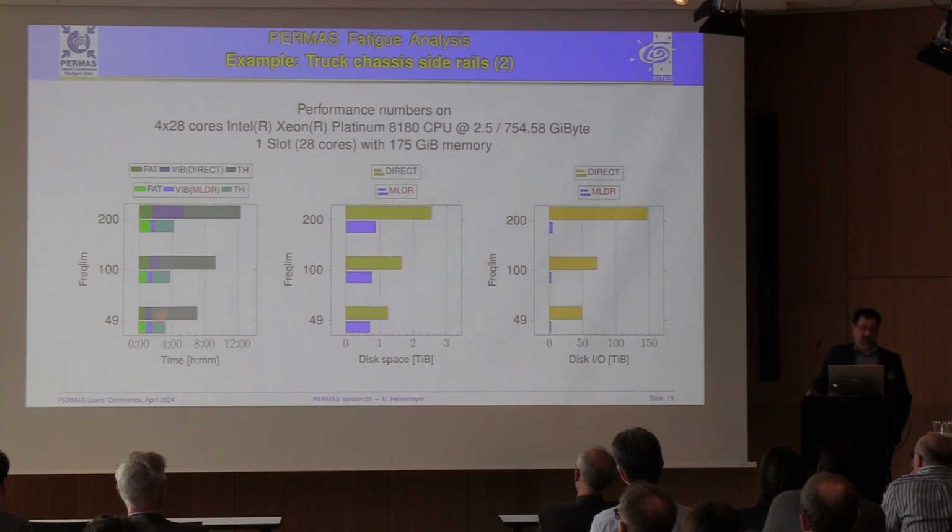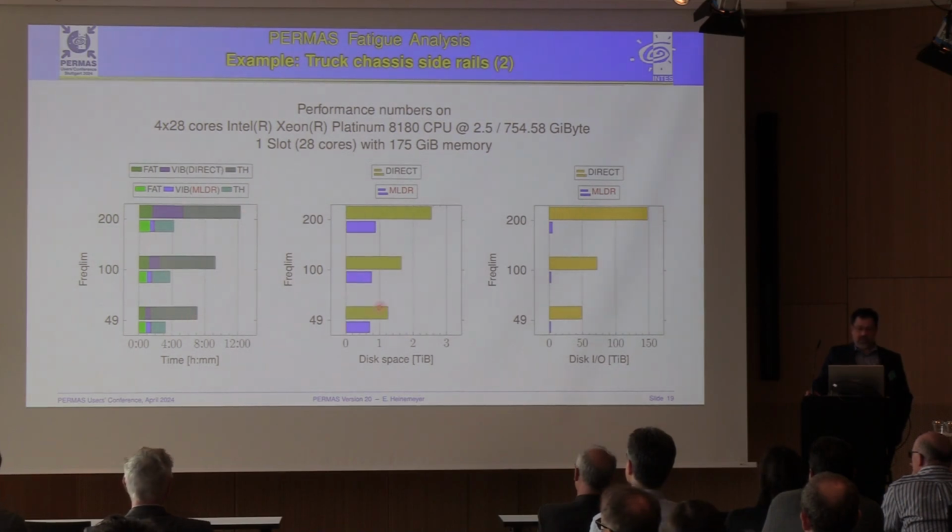So you see if you increase your frequency limit from 49 to 100 to 200, you increase the runtime from about 7 hours to more than 12 hours. At the same time, you increase, if you have a look at these 3 bars, the amount of disk space quite dramatically.